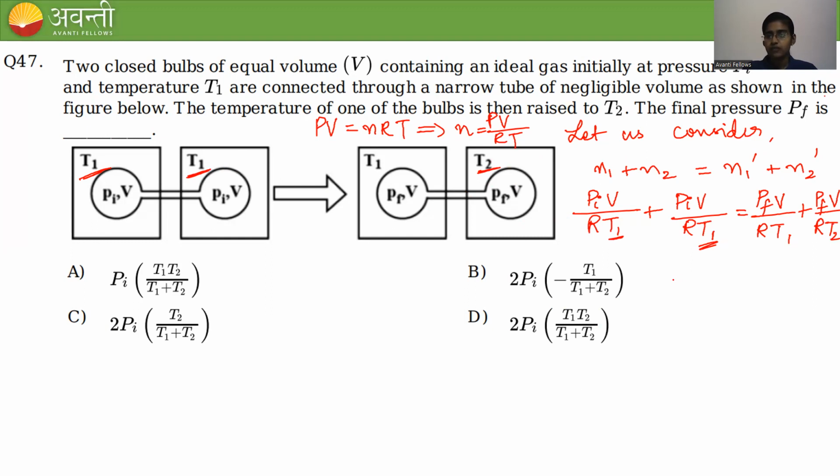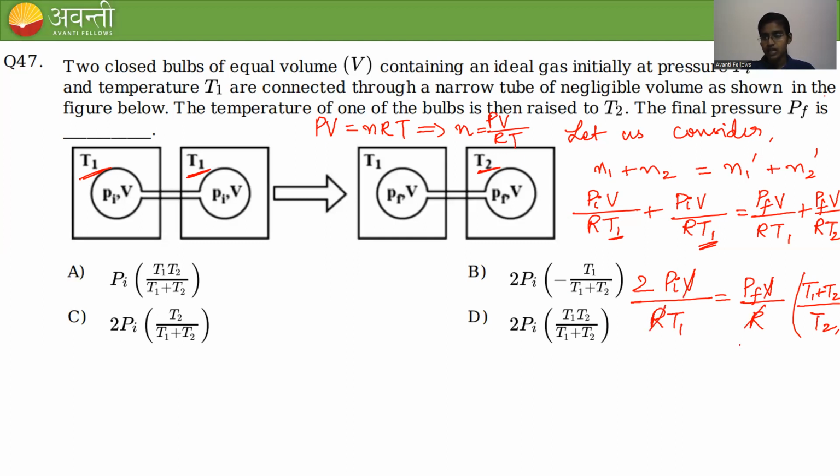So on the left hand side I have 2 Pi V by R T1. This is equal to, Pf V by R is common, so take it out, and 1 by T1 plus 1 by T2 will be there. On taking LCM, I'll have T1 plus T2 divided by T1 T2. Then volume is common, so cancel.